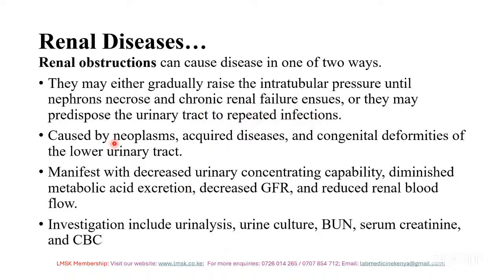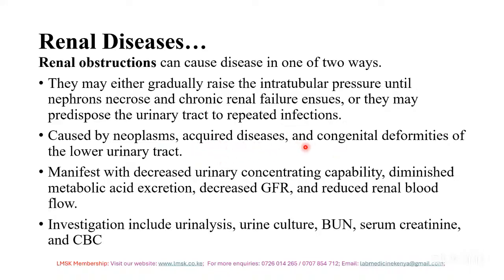Then of course obstruction can also be caused by neoplasms or growths, and especially in males, if we're having something like prostate hypertrophy or maybe prostatic cancer, then it can lead to obstruction of the outlet tubules that are emptying the bladder and the kidneys themselves.